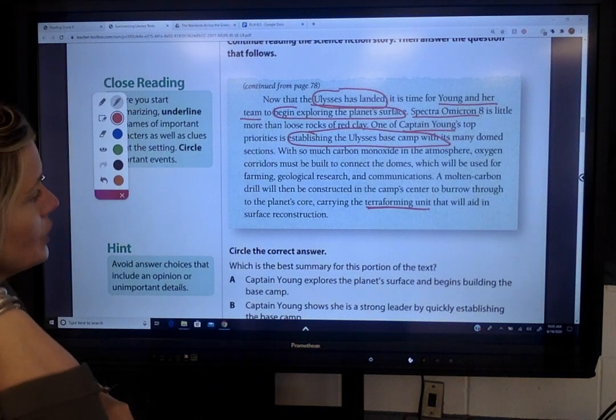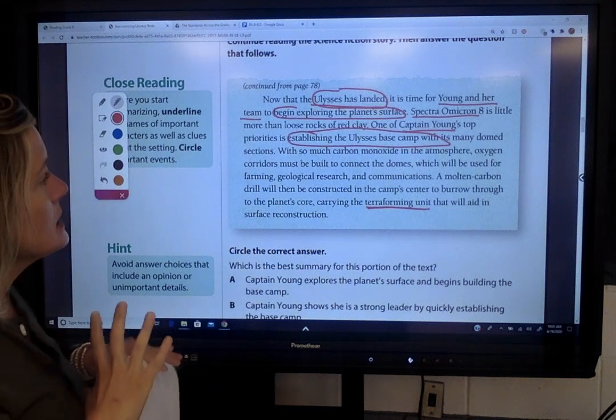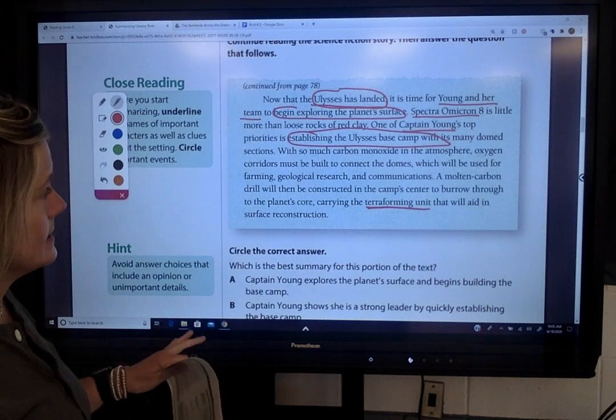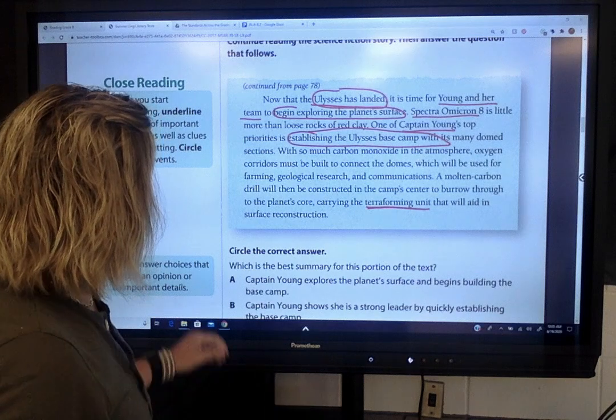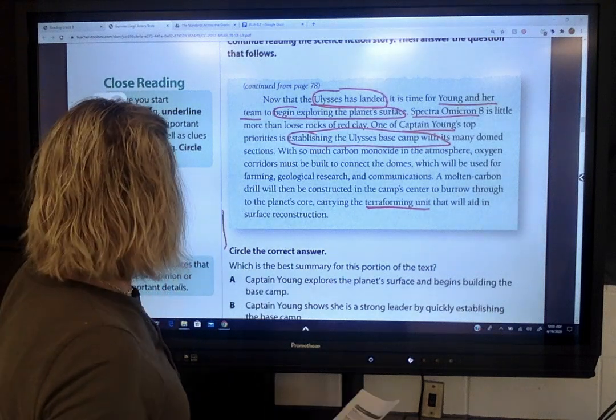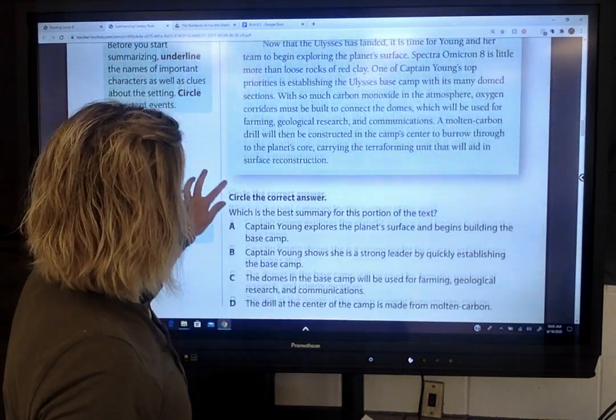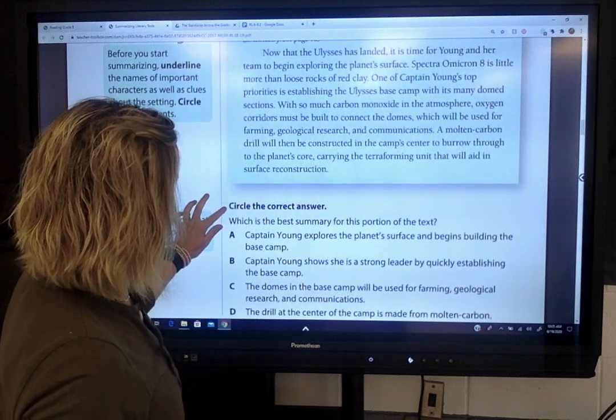The terraforming unit, that's what's going to help them to get the planet right. So their goal is to make it more livable like Earth.